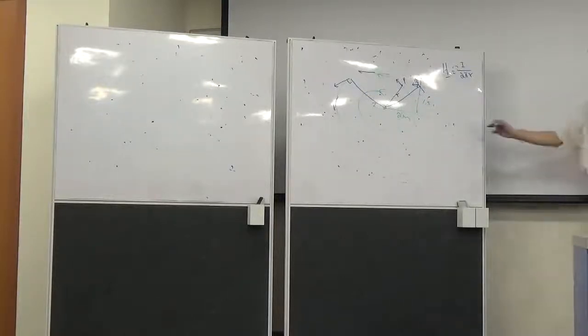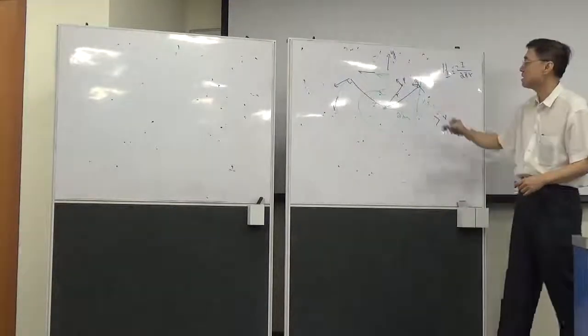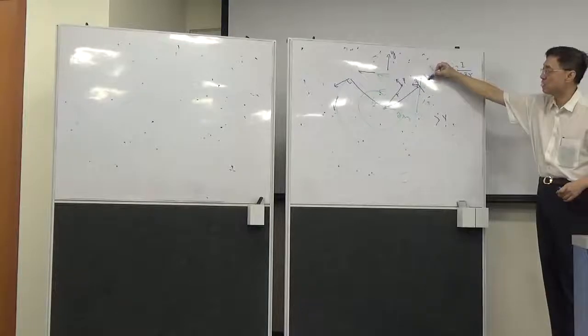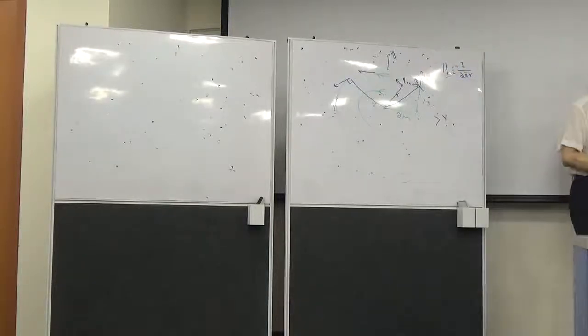Obviously, this is X, this is Y. Obviously, the X component will have no effect on the induced EMF, because if the plane is like that and the magnetic field is like this, it never links.